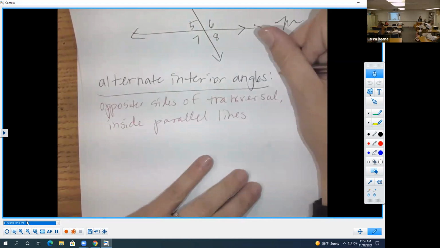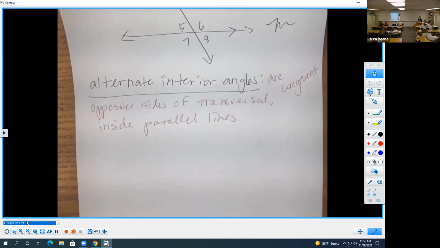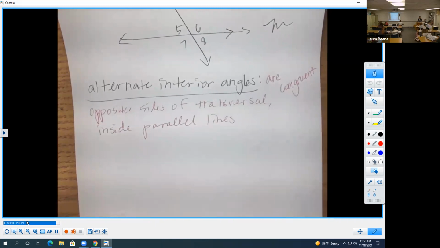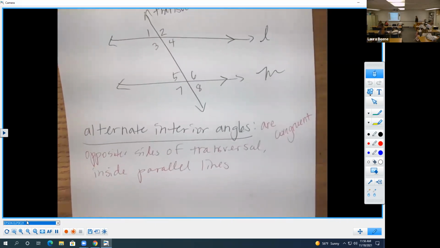And they are congruent. They equal the same measure. And this is really, really great to know, because if I tell you one of them, you can basically figure all the rest of them out.